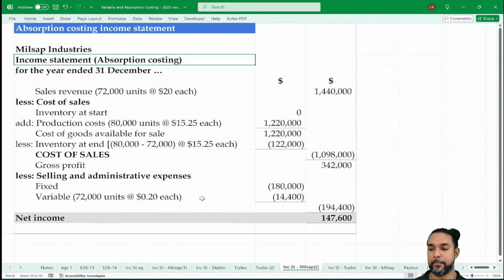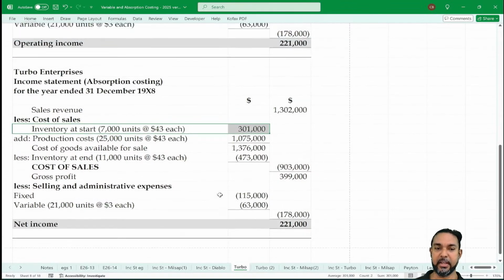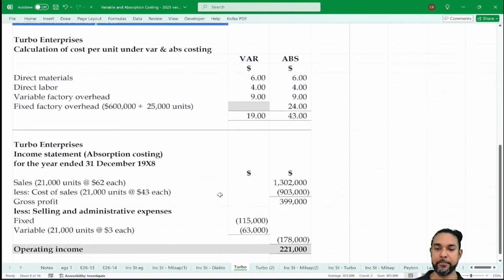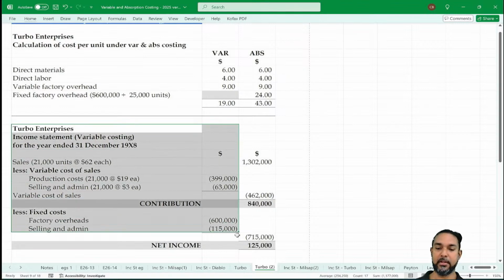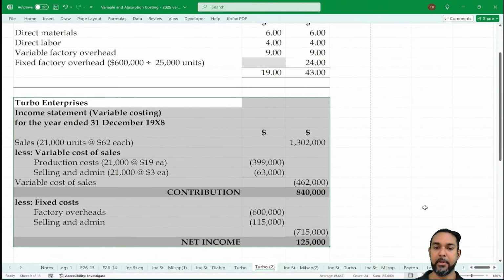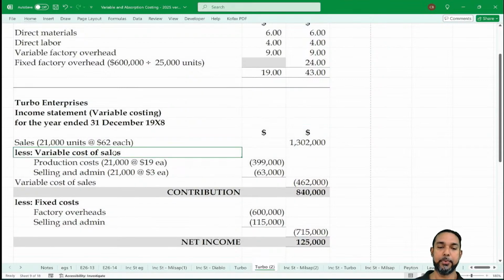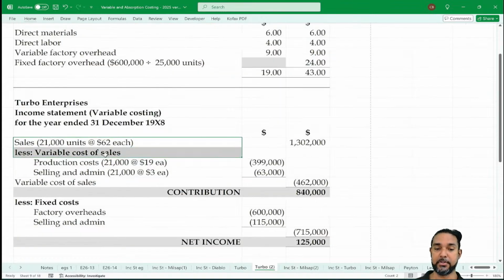Yeah. Right. So we are doing variable costing today. I just did an example using Turbo, which was I think the last question we did last week. Under variable costing, the income statement looks a little different than under regular absorption costing. We don't just have sales minus cost of sales, we have sales minus variable cost of sales.